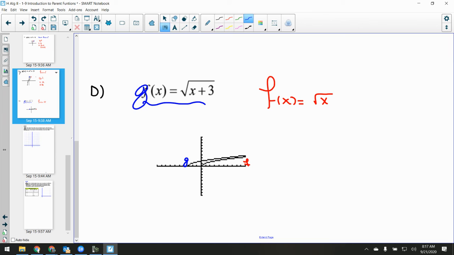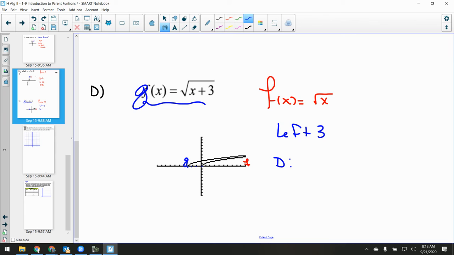Now, what happened? What actually happened going from parent to new? Did it go up? Where did it move to? Move left. How much? Well, take a look at your y-intercept right there. 1, 2, 3 to the left. Left 3.